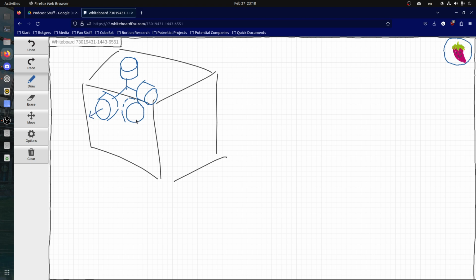The reaction wheels work based on Newton's second law of motion, but for rotating bodies. So when you spin one reaction wheel faster in one direction, the rest of the spacecraft will feel an equal and opposite torque. And by controlling the speed of the reaction wheel, you can control the angular velocity of the spacecraft.